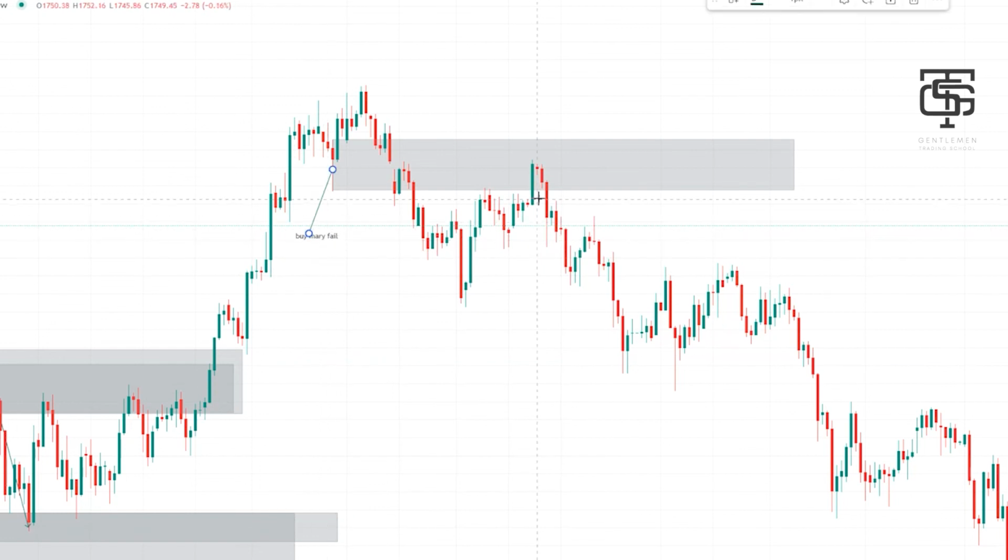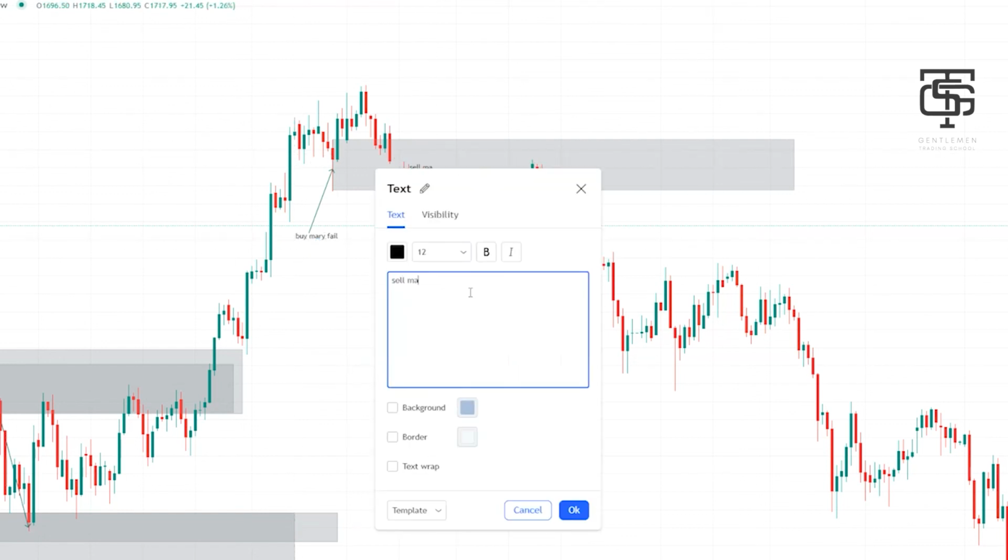Next thing that we need to identify is the second Sell Marry, because this is a Buy Marry that failed. So a Buy Marry that failed needs to go with a Sell Marry. It cannot go with another Buy Marry. So a Buy Marry that failed needs to go and find a Sell Marry.